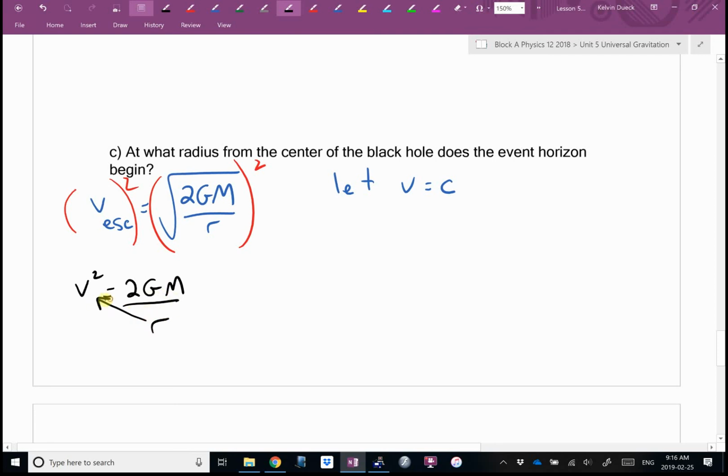And now to get the r by itself, to find out what radius the event horizon starts at, it's going to be 2 big G big M over v squared, where v is going to be the speed of light. So I'll replace it with the letter C just to be fussy. You don't have to, but I will because I'm a nerd.